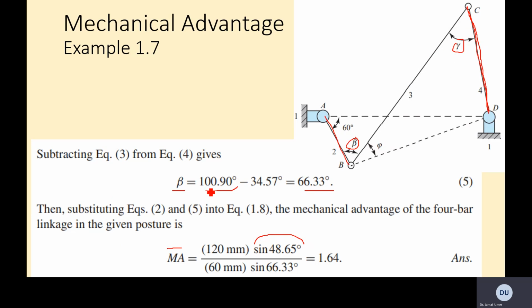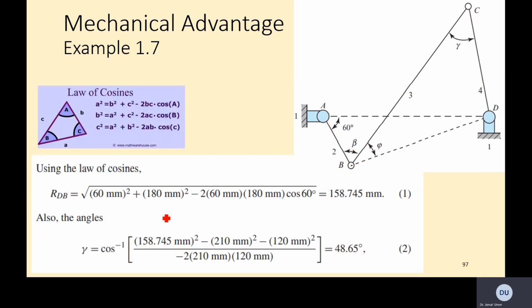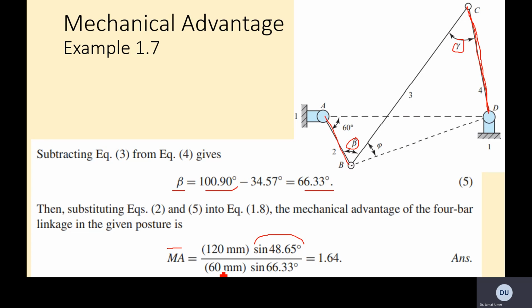That's 48, so basically 48 was gamma here. This is the 48 angle which was being made with the follower, with the coupler, sorry. This is the follower and the coupler is making an angle of 48.65. That's this angle. And then in the bottom, you got 60, which is this length, and the angle beta. That's what we have determined. And we got the mechanical advantage of 1.64.